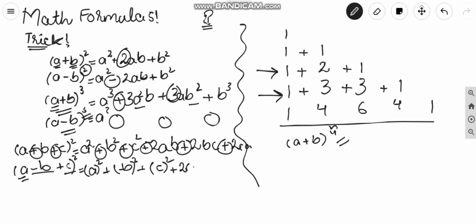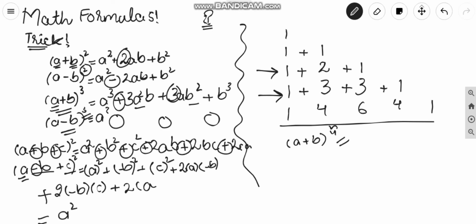Now plus 2a and minus b, because here you can see there is a sign of minus, so just again write plus 2a(-b), then we have to write (-b) and c, then again write plus 2c and a.